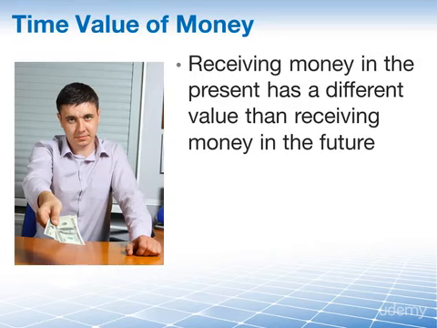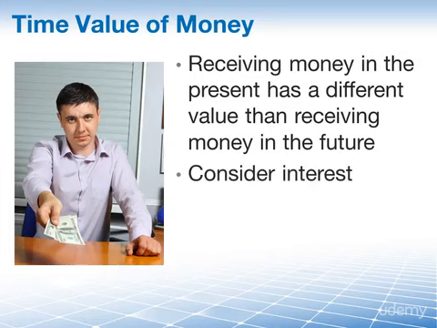Let me explain. If I were to give you $100 now versus $100 a year from now, which one would you pick? Consider that if you had the money today, you could invest that money. We just talked about interest on a previous slide. Your $100 today would be worth more a year from now if you invested it in your bank account.